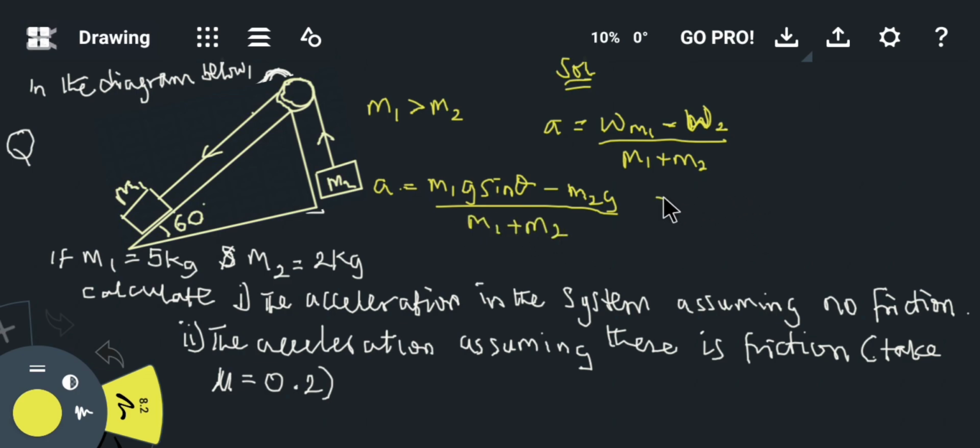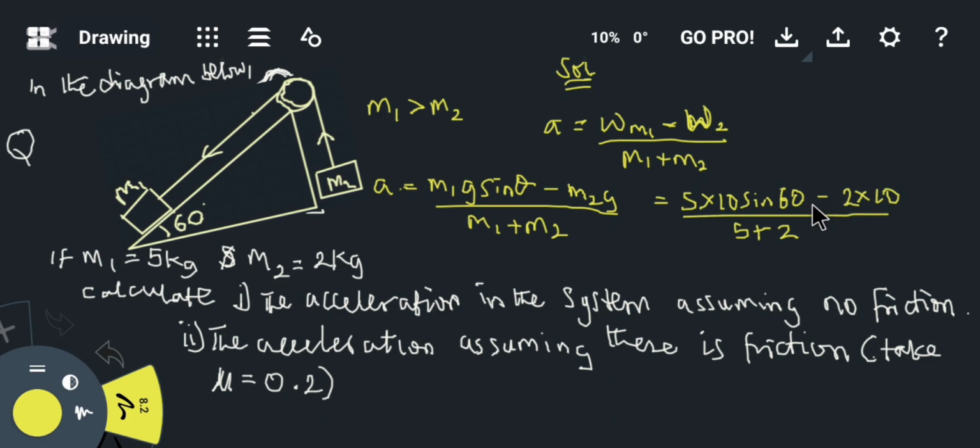If we apply that, m1 is 5 multiplied by g, which is 10, sine the angle, 60 degrees, minus m2, which is 2, multiplied by gravity, which is 10 approximately, divided by the sum of their masses, which is 5 plus 2.